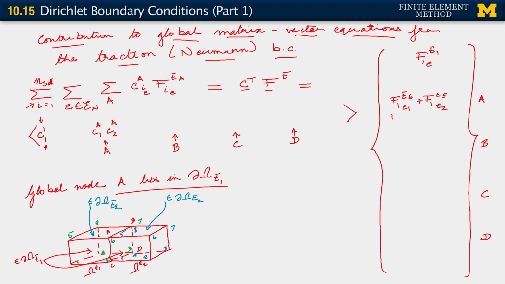It would be F T bar, global spatial dimension 2. We would get a contribution from element E1, from its node number 6, and we would get a contribution F T bar, global 2 direction, element E2, local node number 5.